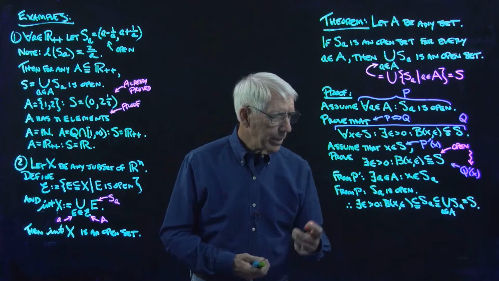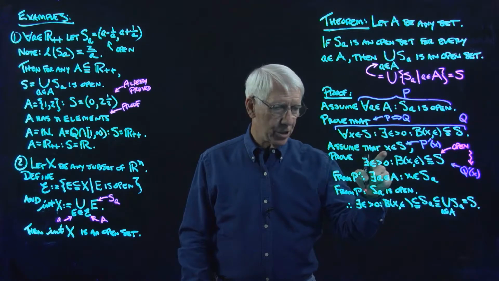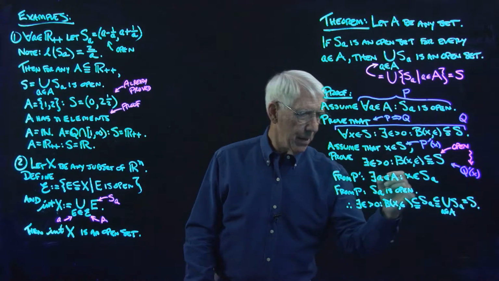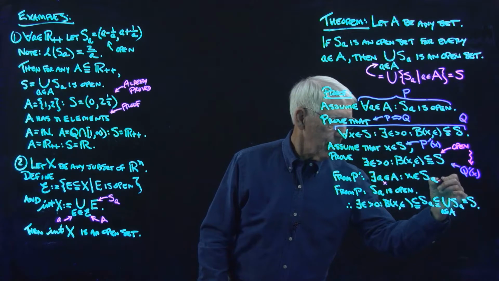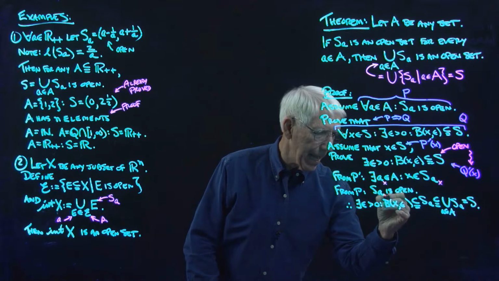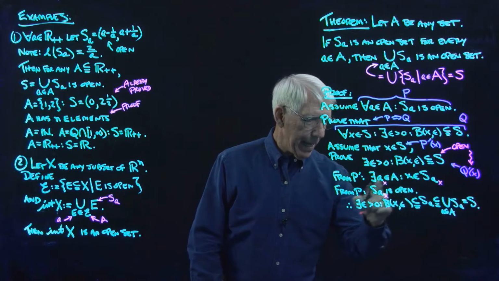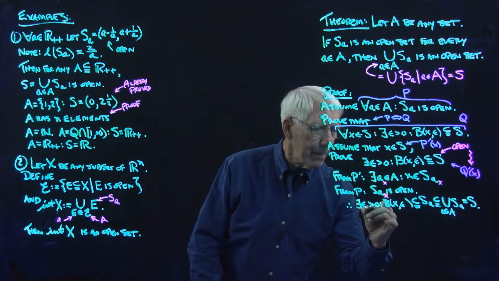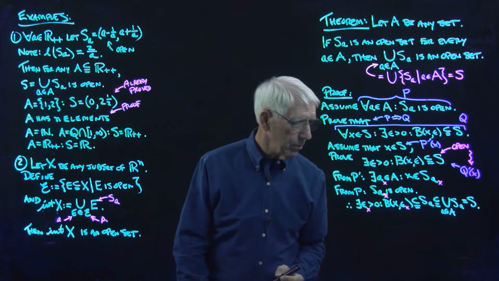And so what I'm going to do is I'm going to say that for this typical X that I chose, this arbitrary X, there exists an A for that X. So I'll call this A sub X. And so that means this is A sub X. And then I have that there exists an epsilon, and that epsilon depends on the X. So I would have an X here also.